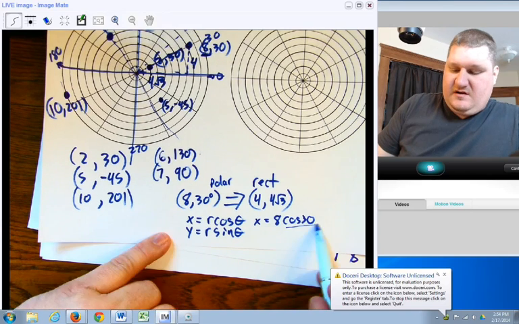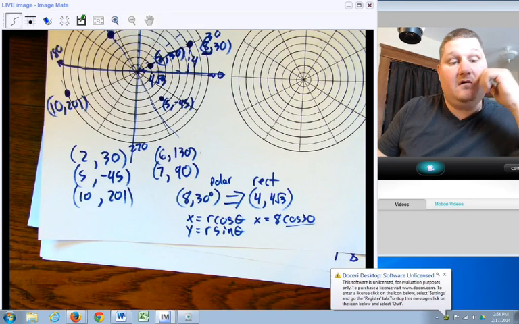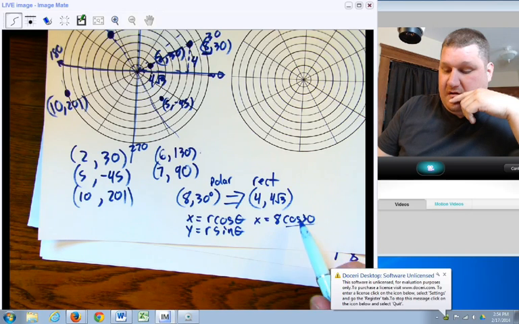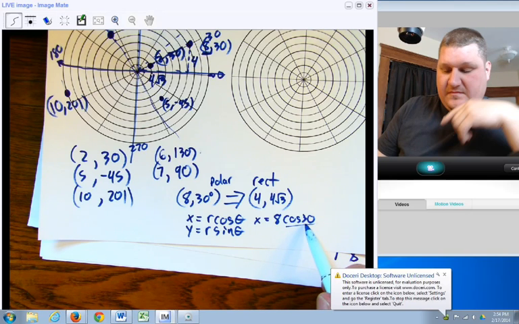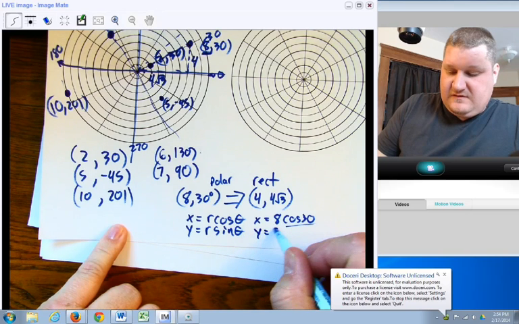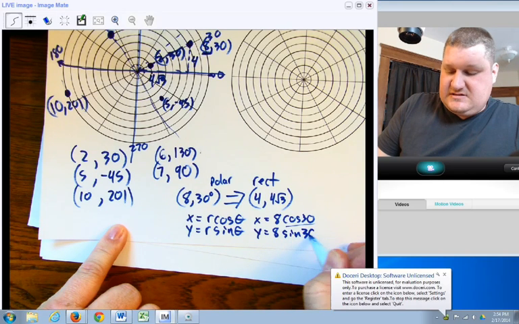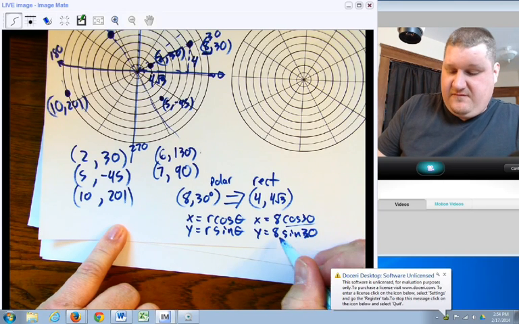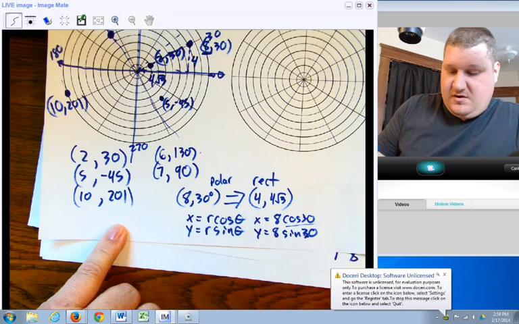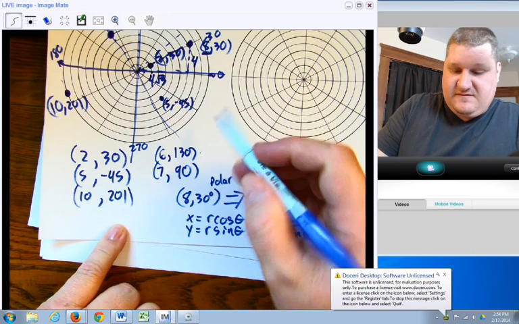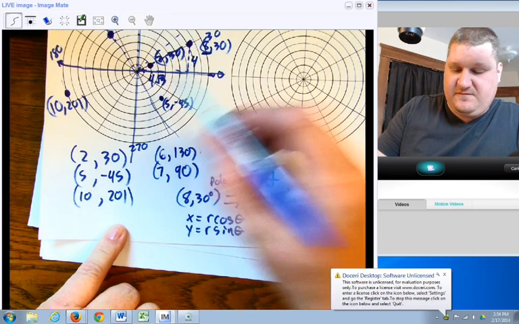and cosine of 30 is root 3 over 2. And if I have y equals 8 sine 30, sine 30 is 1/2. Very quickly, I've put these backwards. I found the 4 first. I found the 4 root 3 second.